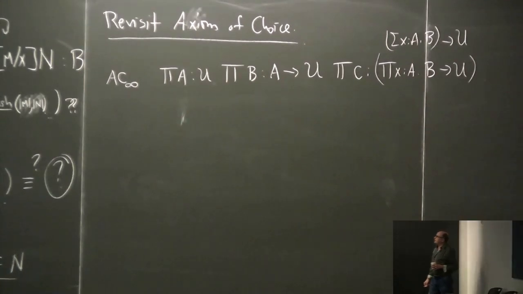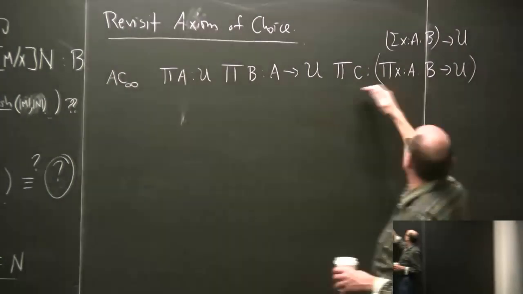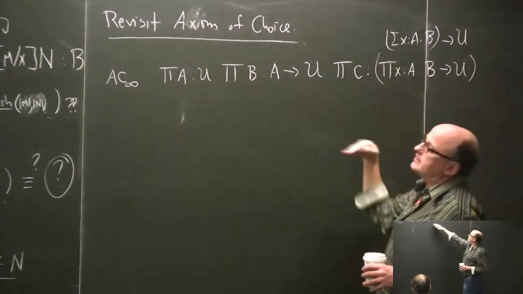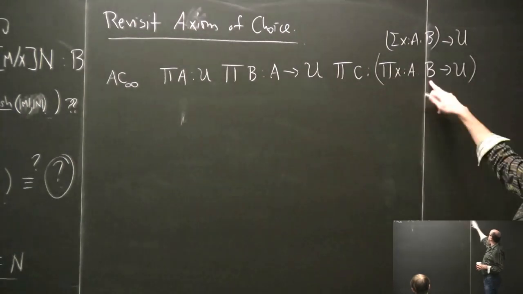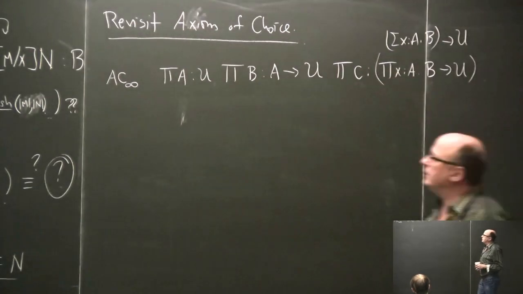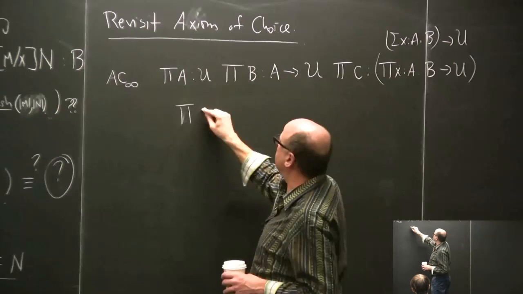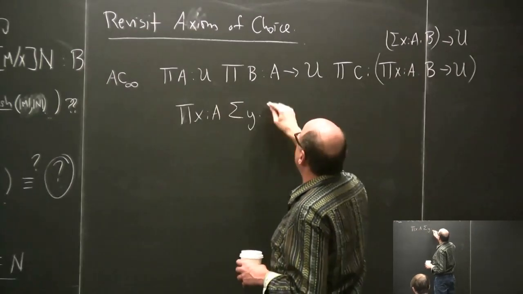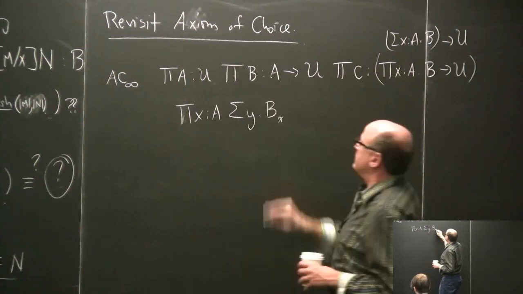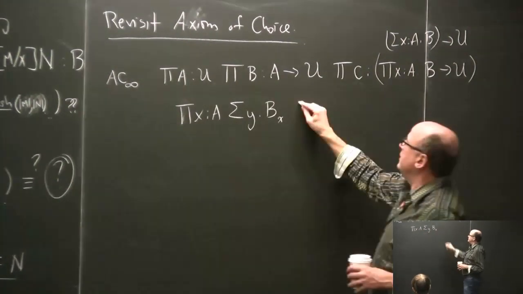In other words, given a relation between A and B, but it's a dependent relation, that is, the type of the second argument depends on the choice of the first argument. If it's a total relation, so that for every x in A there exists constructively a y in B, and remember this depends on x.